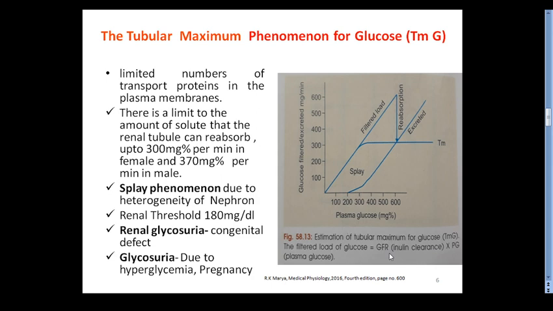Glucose only gets reabsorbed in the PCT, so that's why there is renal glycosuria in pregnancy, also because of increased GFR. Whereas in hyperglycemia, like in diabetes, the filtered load of glucose is more because of the increase in plasma concentration.